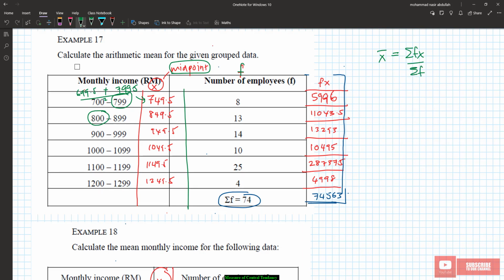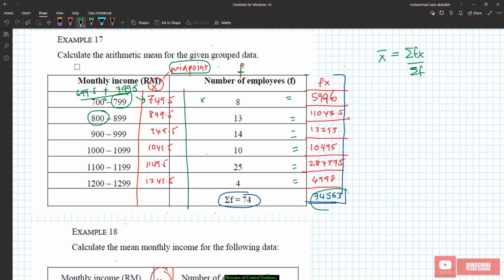So you need to calculate the fx. Now 749.5 multiplied by 8 should be equal to 5996. And then you need to do this operation for the whole class.